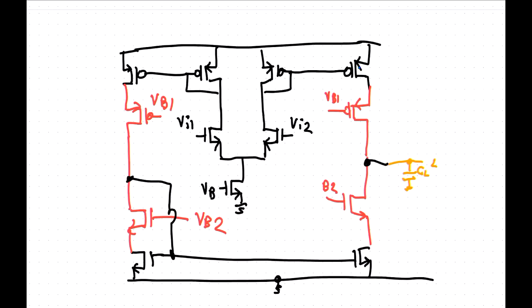Ideally, it's infinite, but due to mismatch, it's not going to be infinite. You also get better noise immunity because many signals are coupled in as common mode. Because you have better common mode rejection, rejecting noise coming in is much better. So fully differential is really just better.